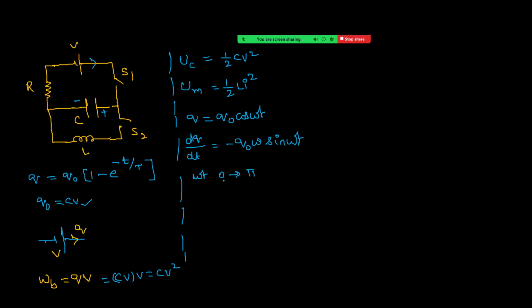That means in half cycle, because 0 to pi means a half cycle, the direction of current is not changing. It remains same. But if you are taking omega t pi to 2 pi, in the next half cycle, sine value will be negative.